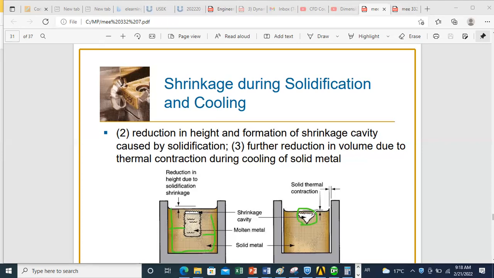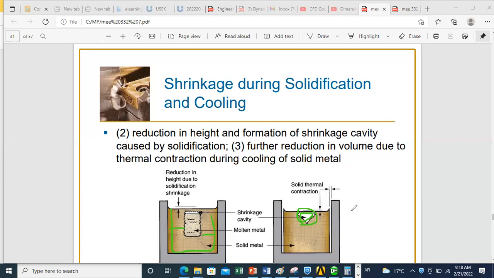At the end you might end up with certain voids in your system. However, if you were able to supply molten metal in a continuous way, then you can avoid the formation of such voids or shrinkage cavity. So reduction in height and formation of shrinkage cavity can be caused by the solidification process.